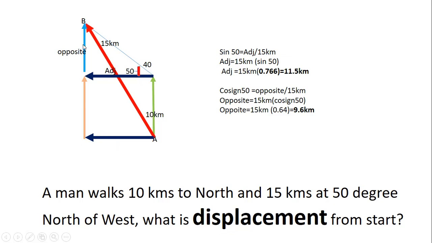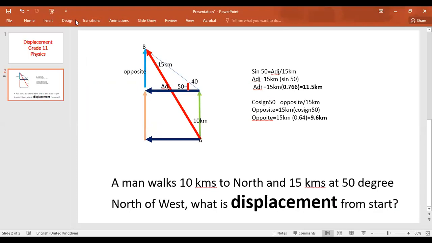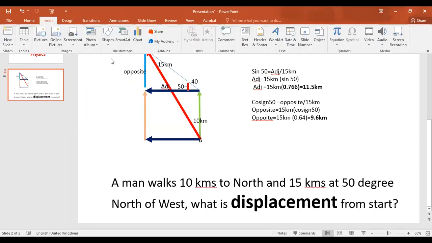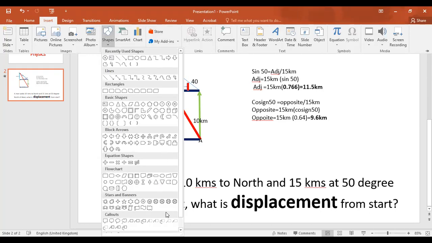So the vertical distance of point B from the x-axis is 10 kilometers plus the opposite. The opposite is 9.6, so the vertical distance is 19.6 kilometers, right? Let me show that by symbol.